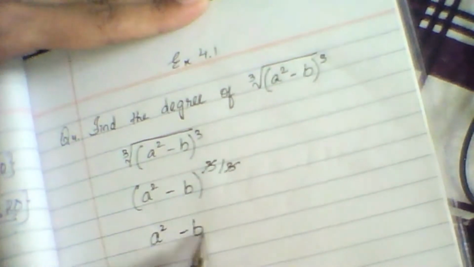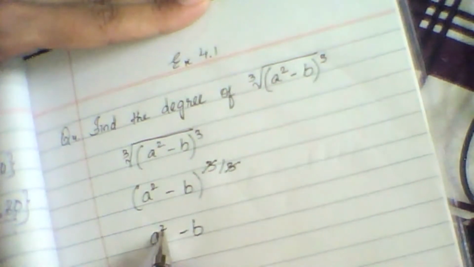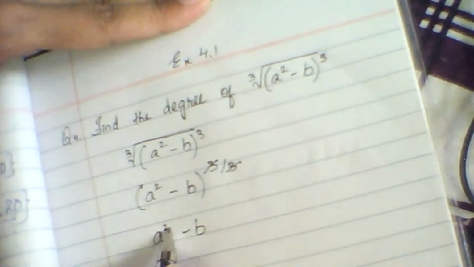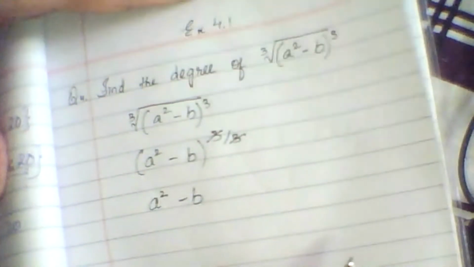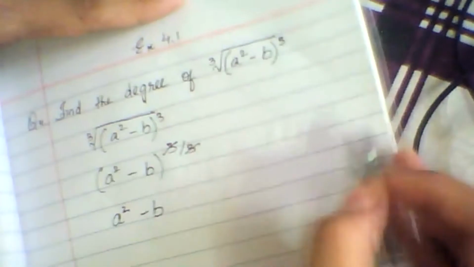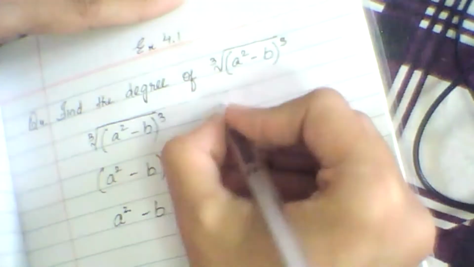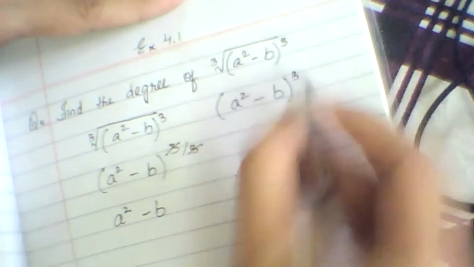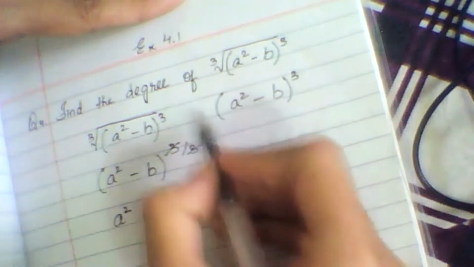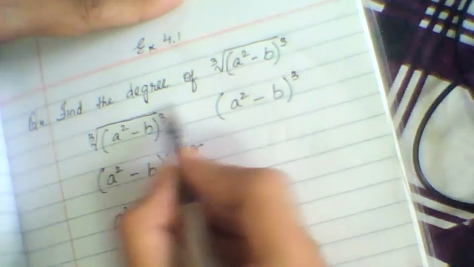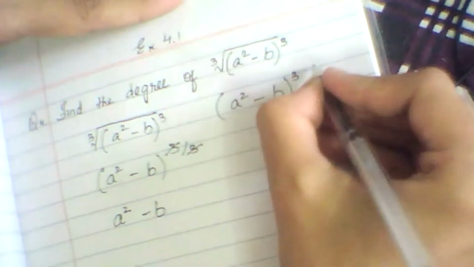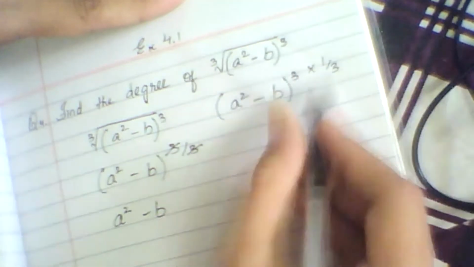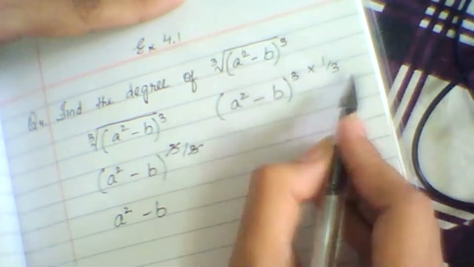So the degree of polynomial, highest power क्या है यहाँ पे? A power square. So the degree is 2. The degree is 2. Clear? I'm explaining again. The term is a square minus b raised to the power cube. ठीक है? अच्छा, when we remove this cube root, we get power 1/3. ठीक है?